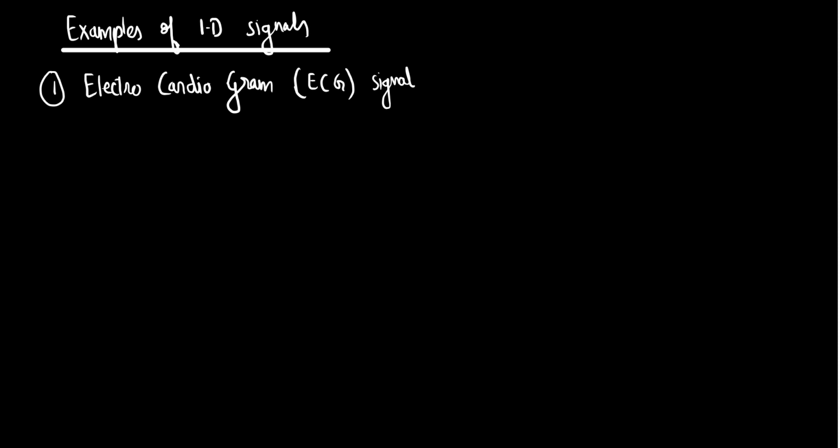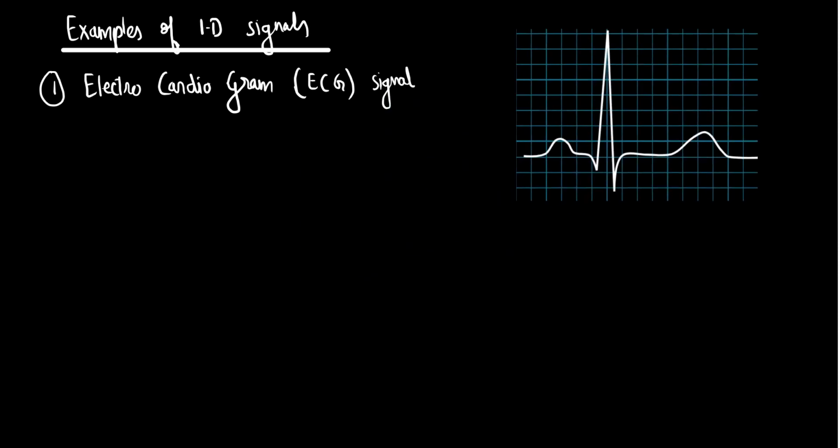Let me show you an example of this signal. A typical ECG signal looks something like this. This ECG signal is recorded as an electrical activity from the heart. Therefore, the variation here indicates the electrical activity or the heart rate of a human.